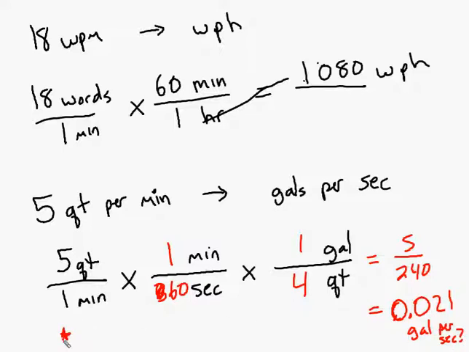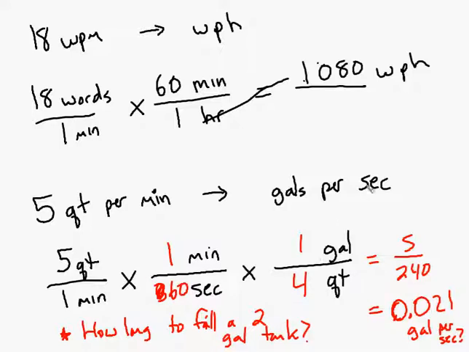All right, so let's see if we can answer this question. How long to fill a 2-gallon tank with this faucet? Well, if I do 0.021 gallons per second, and I need to fill a 2-gallon tank, what am I going to do?